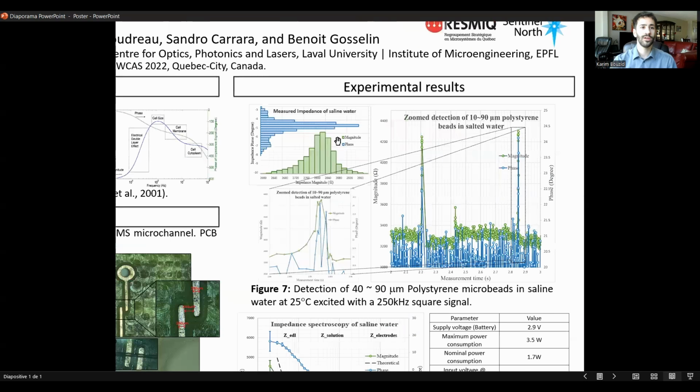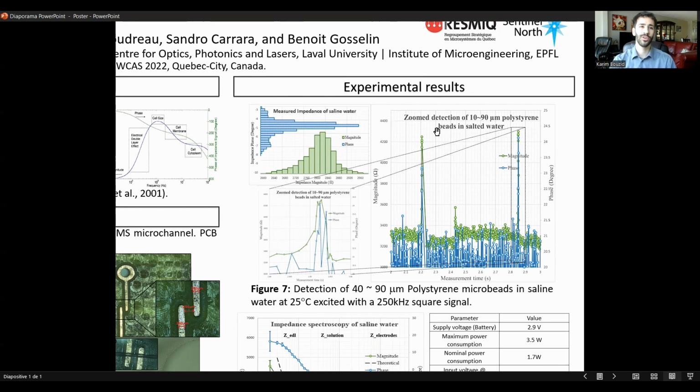If we look at some of the results obtained from this chip, at first we can do a measurement using only saline water, and we can see that the results we obtain for the magnitude and phase both follow Gaussian distributions. So it's easy to describe them as only a mean value and a standard deviation.